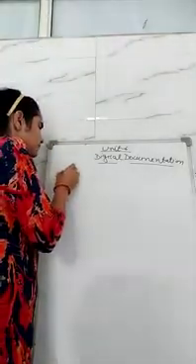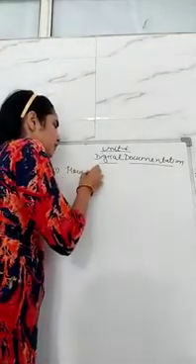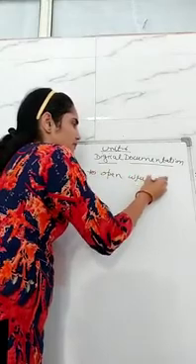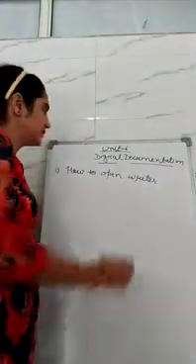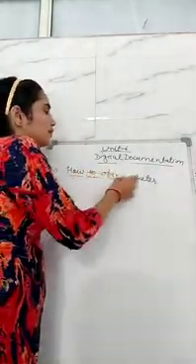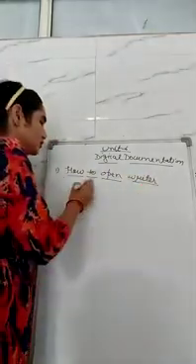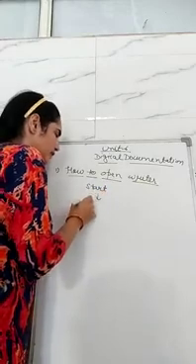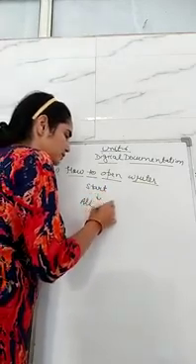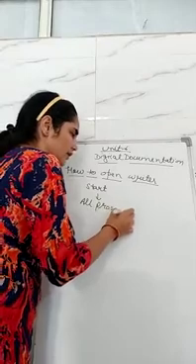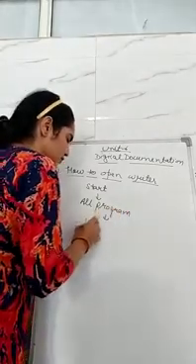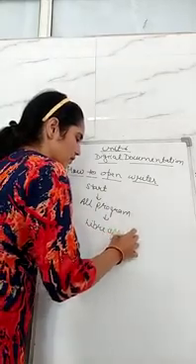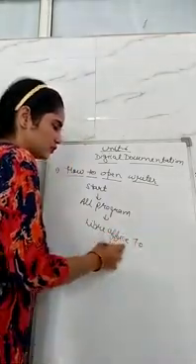First point is how to open the LibreOffice Writer. Yes, my dear students, if we want to open the LibreOffice Writer, then how can we do it? We just click on Start, then we click on All Programs. In the All Programs list, we will find LibreOffice 7.0.